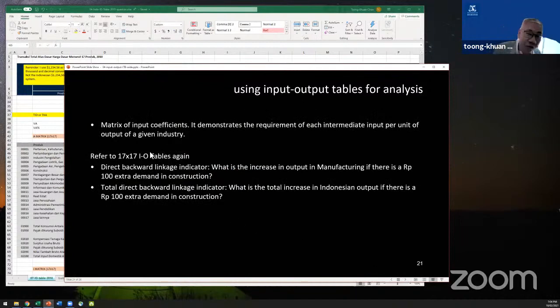Okay, so once we've converted all that to direct input coefficients, we can then look at direct backward linkage indicators. So these are what we call increase in output for an increase in demand, right? So direct backward linkage indicator, this is an example I'll show you. What is the increase in output in manufacturing if there is a 100 rupiah extra demand in construction?